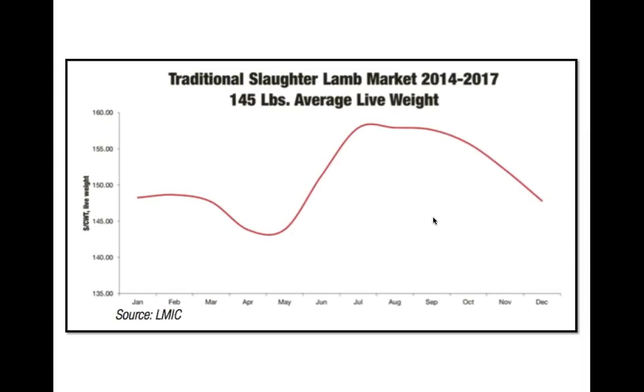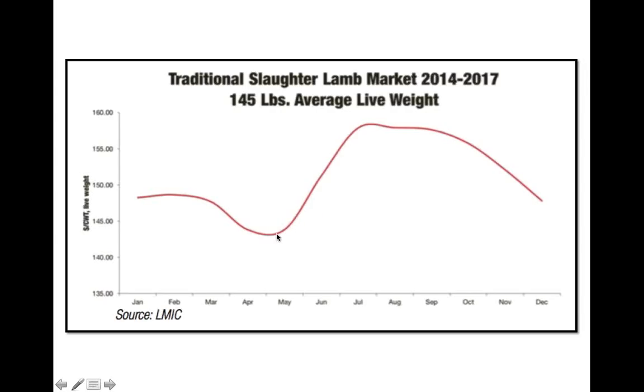We also see that there is a pretty strong effect throughout the year on the price of traditional slaughter market lambs. So when we look at January and February, March, it's a fairly steady market. But then when a lot of these large lambs get into the feedlot, the feedlots are full, there's lots of lambs to go to harvest at the same time, we have an oversupply and the market drops through May, June.